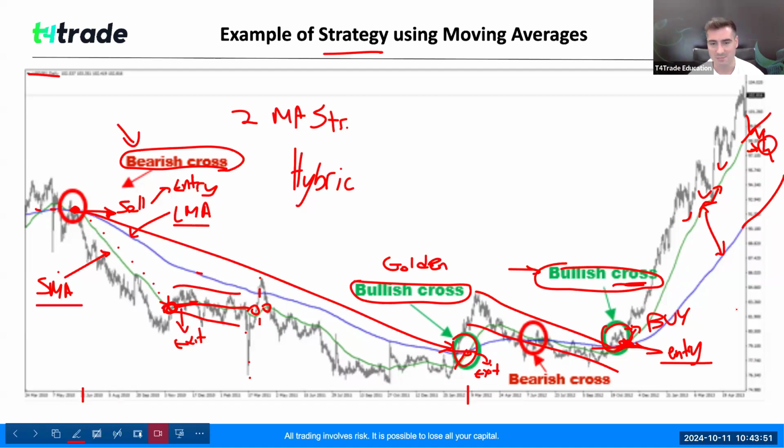You can use whatever you like, but let's just say if you're a long-term trader, you could use 50 and 200. If you're a short-term trader, you might use, for example, a 7 and a 14, or a 12 and a 26, or a 20 and a 50. The point here is to find the appropriate multiple between the short and the long-term moving average that fits the way you see things, importantly. Again, this is purely subjective.